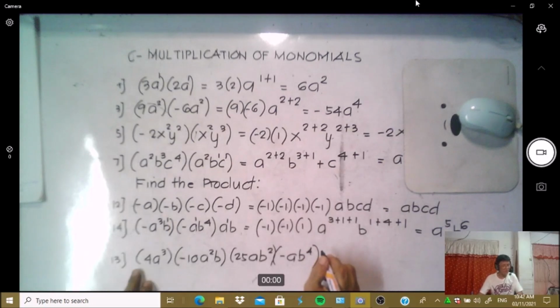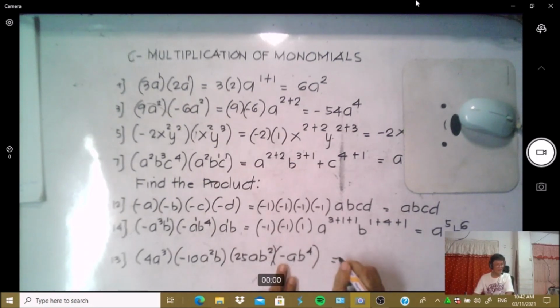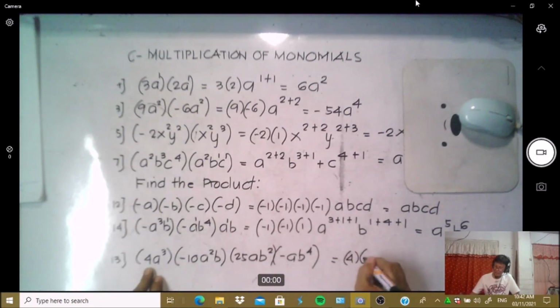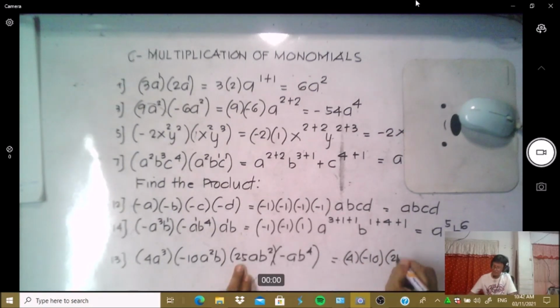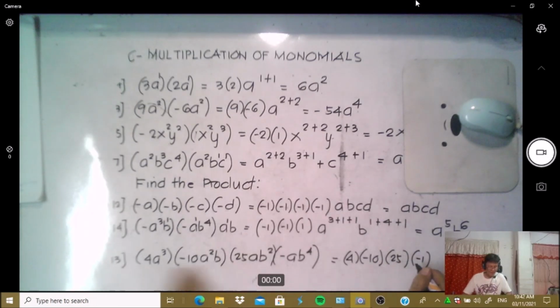Okay, so 4a cubed minus 10 a squared b multiplied by 25 ab squared and negative ab to the 4th. So we have 4 multiplied by negative 10 multiplied by 25 and multiplied by negative 1.